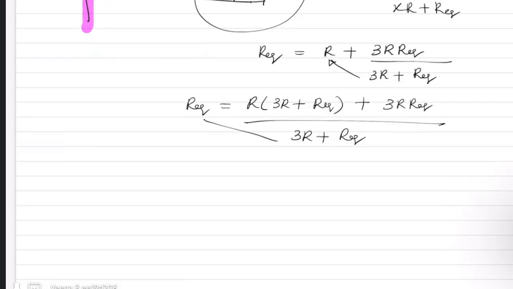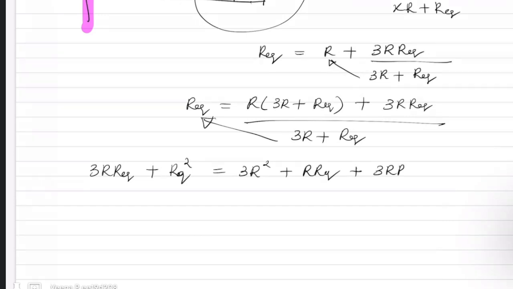Now let us take this to LHS. So 3R R equivalent plus R equivalent square becomes 3R square plus R R equivalent plus 3R R equivalent. Now 3R R equivalent comes on both sides, so you can cancel this off.